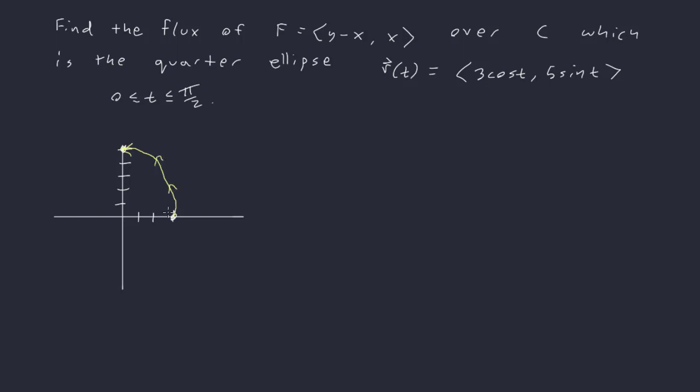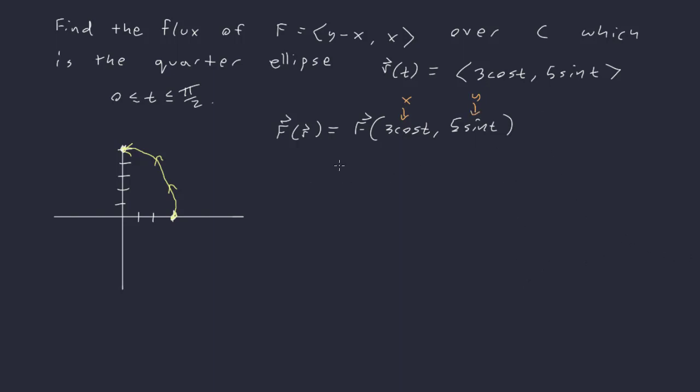Okay, so let's calculate the flux here. So, like always, we need our F. F of r is going to be F of 3 cosine t, comma 5 sine t. Like always, our x is going to be replaced by 3 cosine t and our y by 5 sine t.